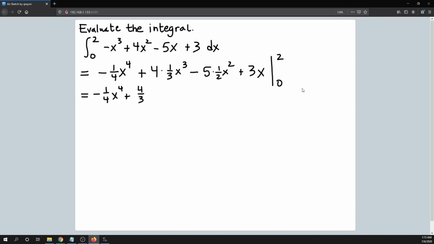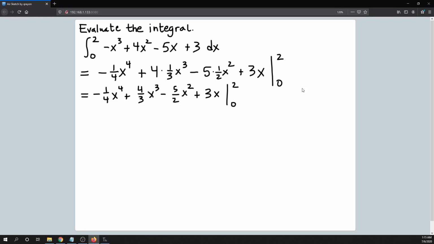Otherwise, you're basically creating more work for yourself. Maybe not in this particular example, but in plenty of other examples, if you don't simplify, you'll basically have to simplify twice after you plug in.